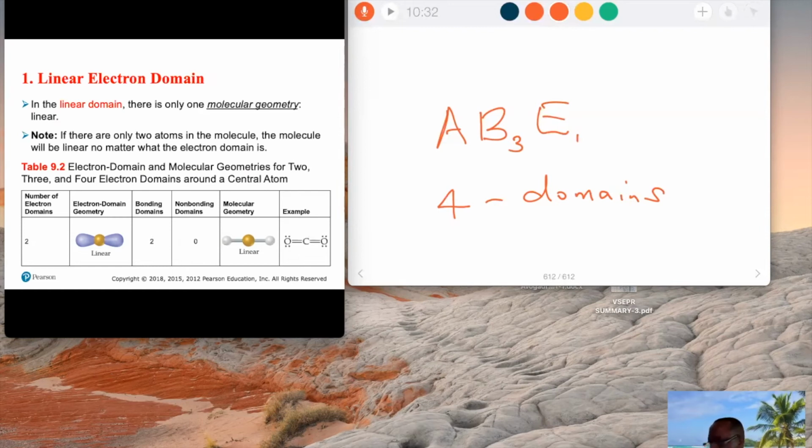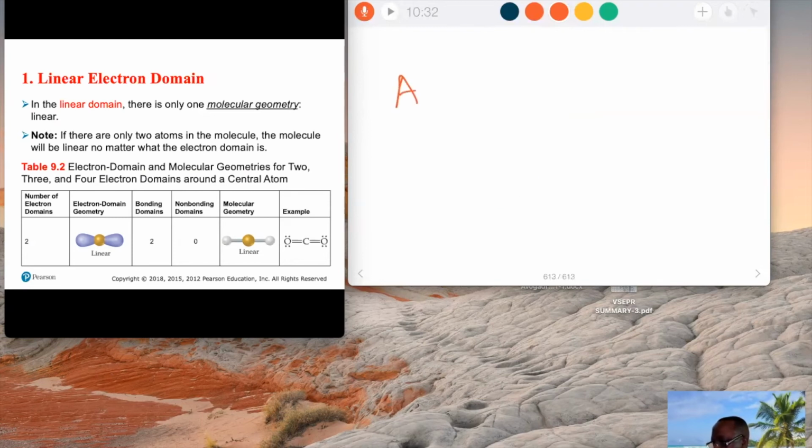If it is of this type, AX2 with no lone pairs of electrons on the central atom, then this is linear.